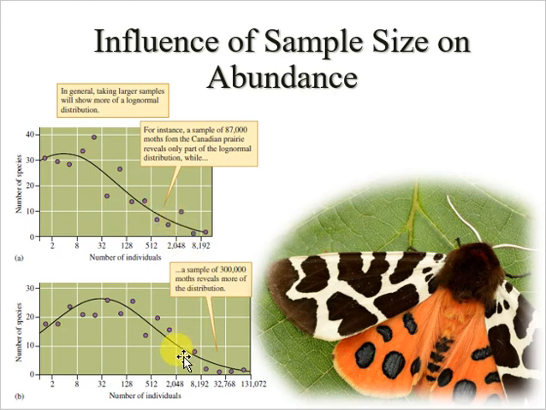On the other hand, you look at this sample from Lethbridge. This contained an incredible 303,251 individuals belonging to 291 different species, right? So what this shows is that smaller samples result in only a part of that bell-shaped curve being revealed, and only a small part of that bell-shaped curve being created that's characteristic of a true log-normal distribution.